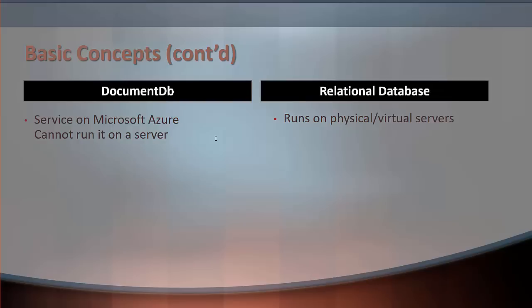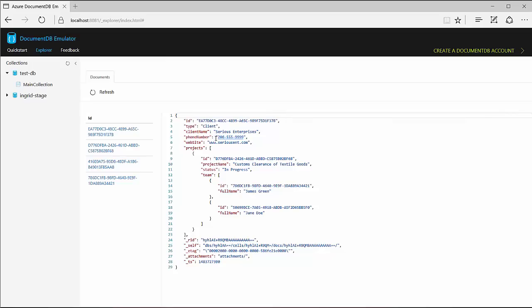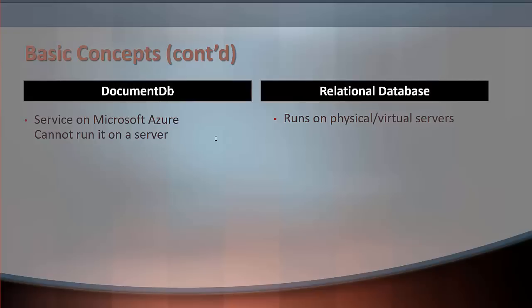But having said that, as you can see, I've been using this DocumentDB emulator. That's something that I downloaded. Again, I would never use this in a production environment. It's something that Microsoft created for developers, but I'm using this locally. But if I wanted to use a real DocumentDB database in a production environment, it's a service. It runs on Azure only.